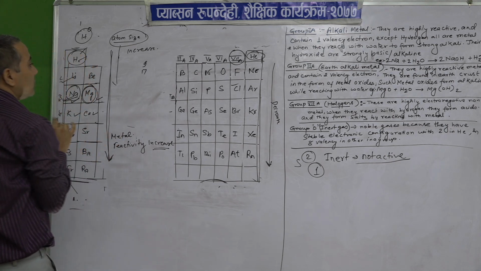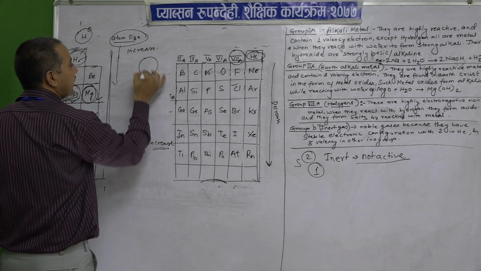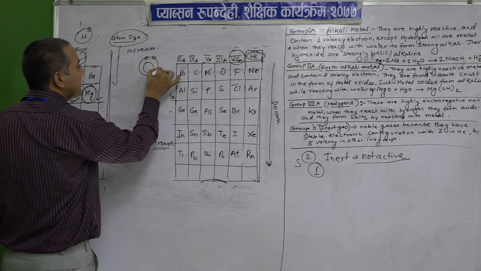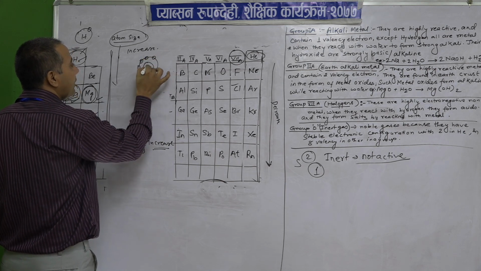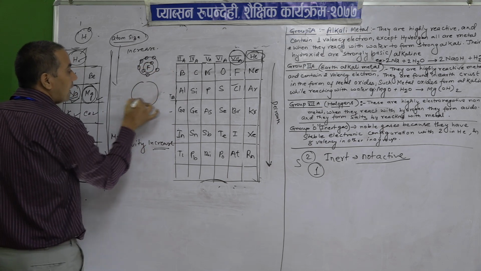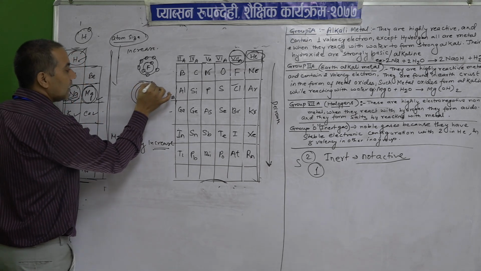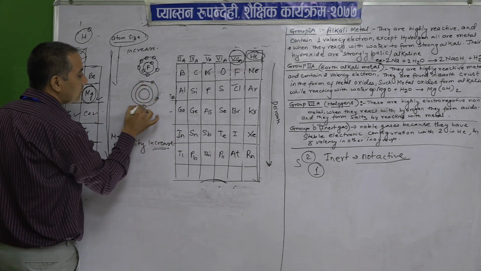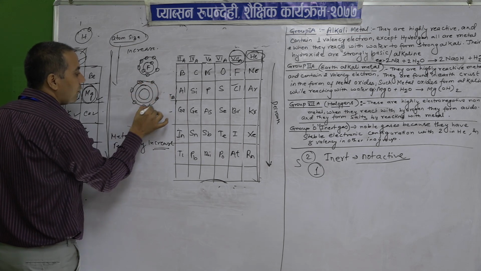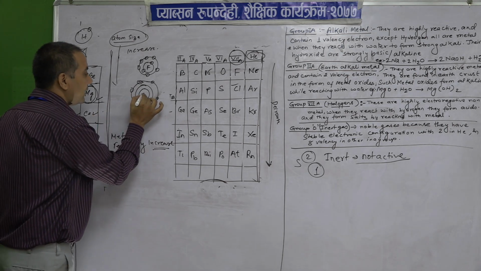So, coming to the first one, fluorine: the outermost shell contains 7 electrons. Then in chlorine, the third shell also contains 7 electrons: 1, 2, 3, 4, 5, 6, 7. That is chlorine.